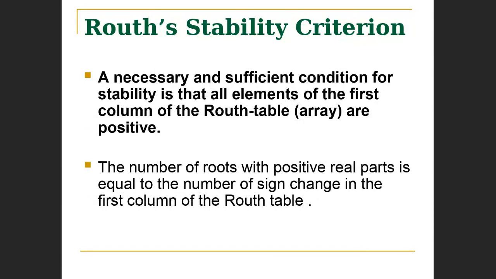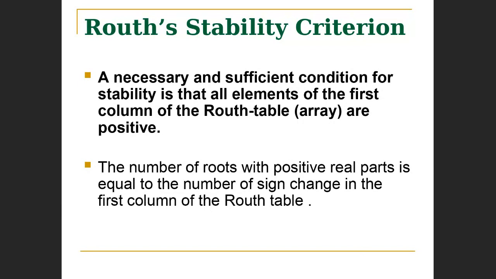Now, here's the criterion. A necessary and sufficient condition for stability is that all elements of the first column of the Routh table be positive. That's simple. Necessary and sufficient condition for stability is that all the elements of the first column of the Routh table be positive.